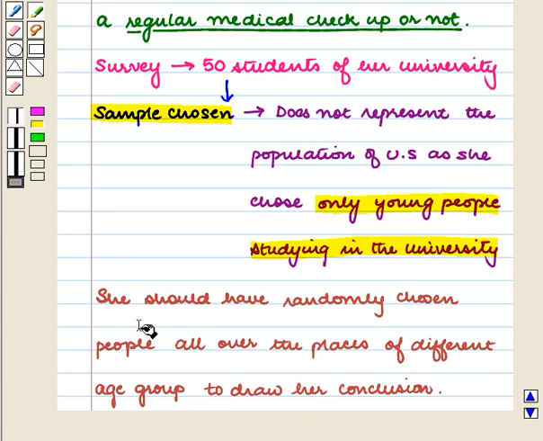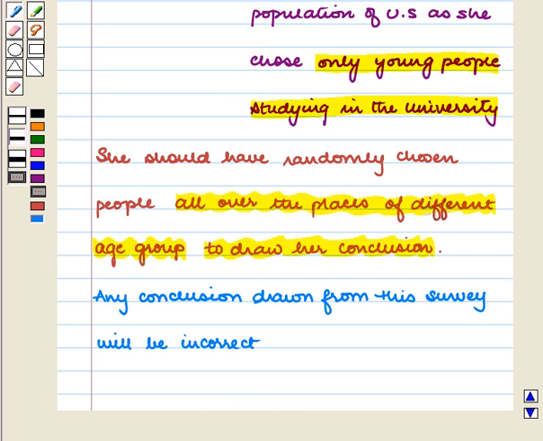So, she should have randomly chosen people from all over the place of different age groups to draw her conclusion. So any conclusion drawn from this survey will be incorrect.